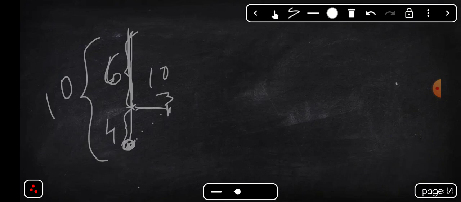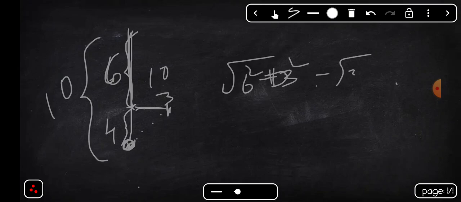Now we have already learned the Pythagoras theorem, the hypotenuse.